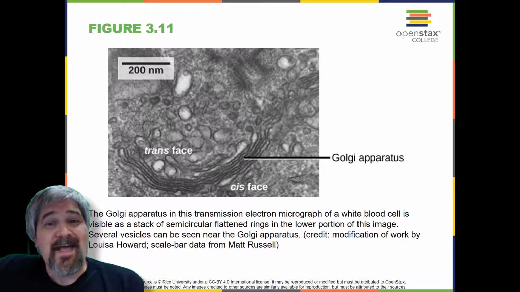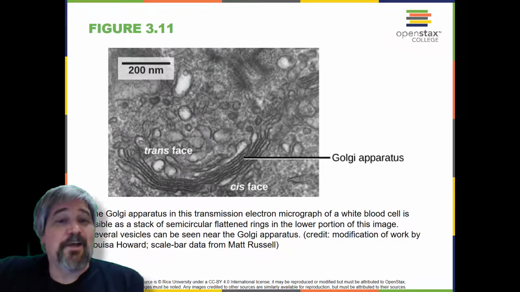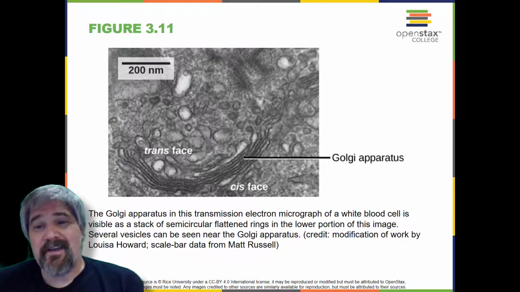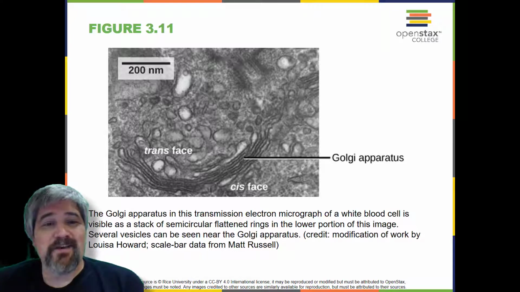The sorting, tagging, packaging, and distribution of lipids and proteins take place in the Golgi apparatus, also called the Golgi body, a series of flattened membranous sacs. The Golgi apparatus has a receiving face near the endoplasmic reticulum and a releasing face on the side away from the ER towards the cell membrane.